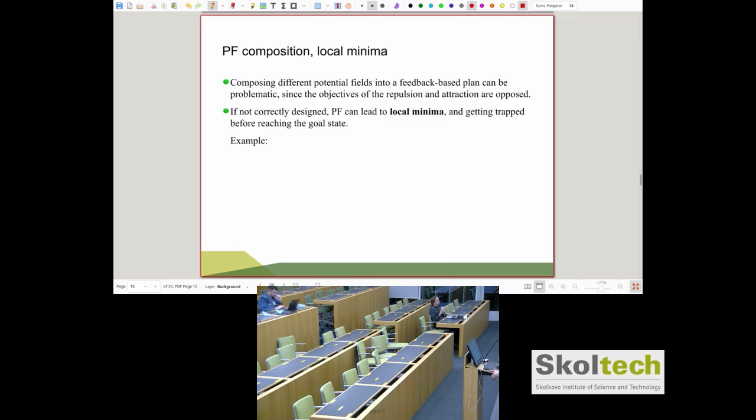Which makes these potential fields good, but you need to be very careful when you use them. In practice, you might not want to use them all the time, just when you have a very clear idea that things are going to work well. And if you want to use them, still you should have some contingency plan. Because the main issue, and this is something that has been known for a long time, is although they are very attractive, very easy to use, very powerful, computationally very efficient, this is a great thing.